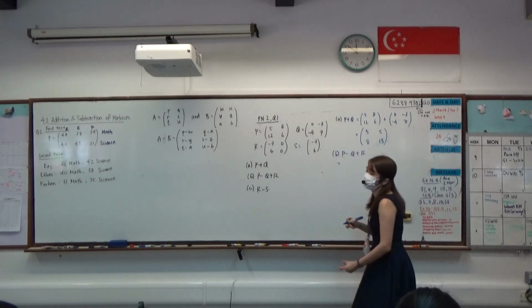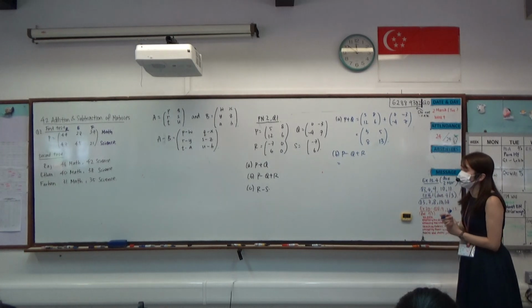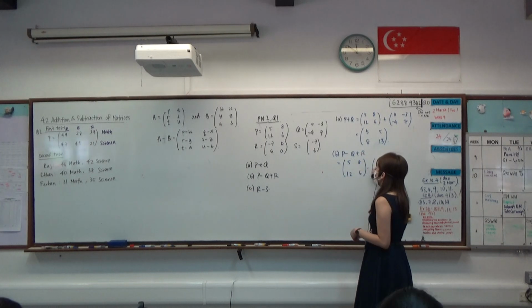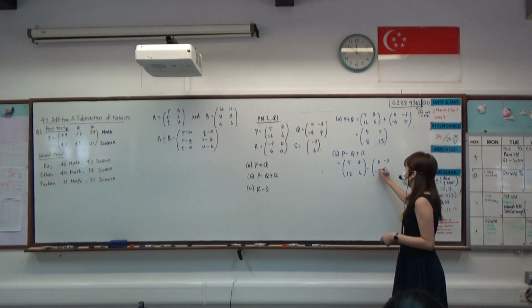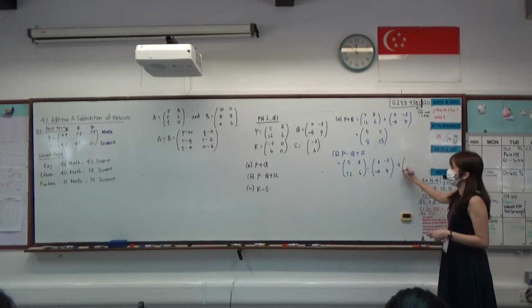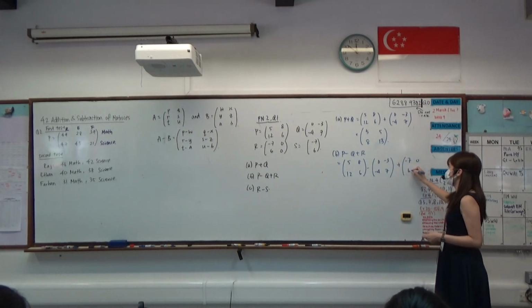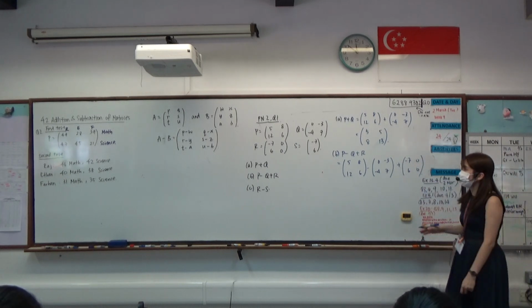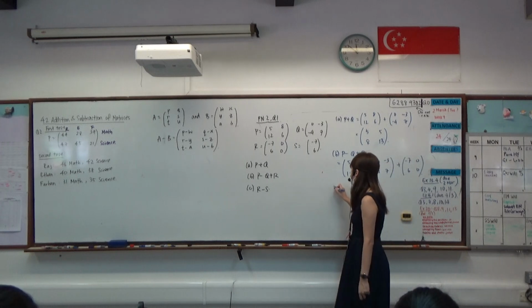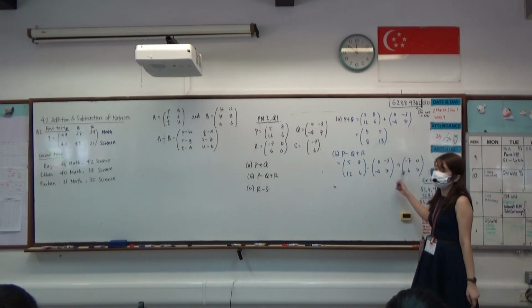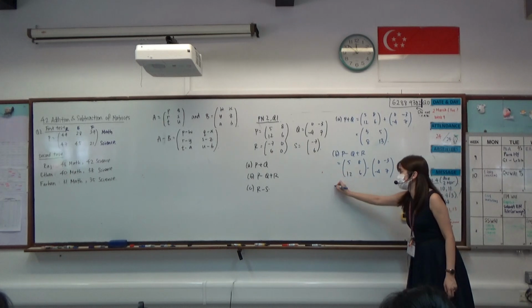similar to how we do our order of operations, P minus Q plus R. P is a 2 by 2 matrix, Q is a 2 by 2 matrix as well, so it is possible to subtract with one another, while R is also a 2 by 2 matrix, so this sum is possible. We can do it one by one, or if you use a calculator and you're very familiar, we do from left to right, since there are no brackets over here.